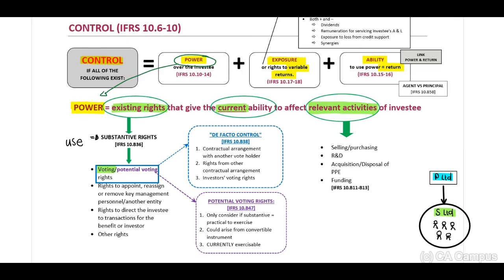Normally there will be control, but you need to look at the information provided in a scenario. But these rights can also be potential voting rights. Therefore, it can have the potential to give P Limited the right to vote. Therefore, if you look at B47, it will only be considered if it is substantive, therefore practical to exercise. They should be able to use the right. And it can arise from a convertible instrument.